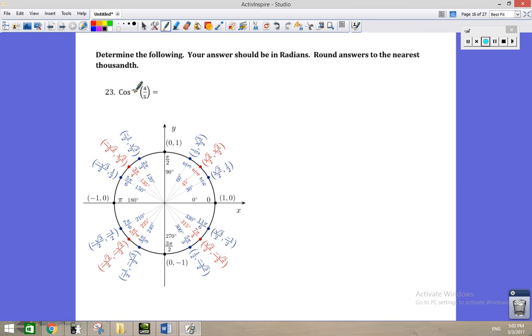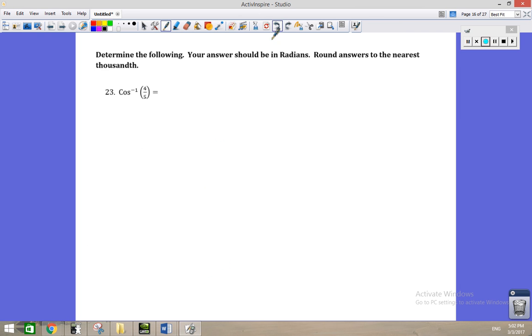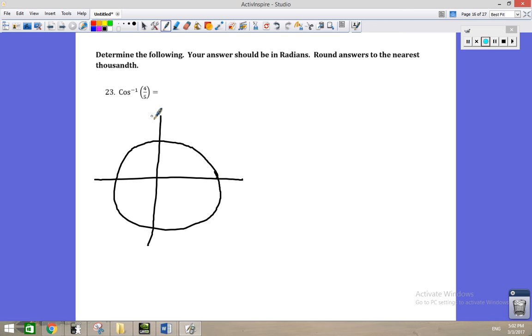Alright, now since this is a capital C, this is a function, and every input will have exactly one output. I'm not going to see 4/5 as an x-coordinate on this unit circle, so I can just sketch my own unit circle, and I know that on the upper half of this there is at least one point here in quadrant 1 that will have an x-coordinate of 4/5.